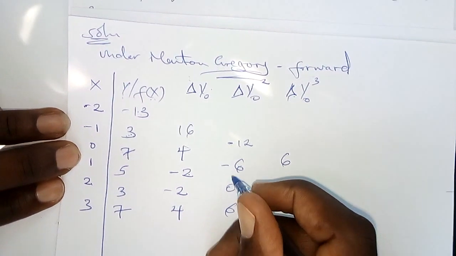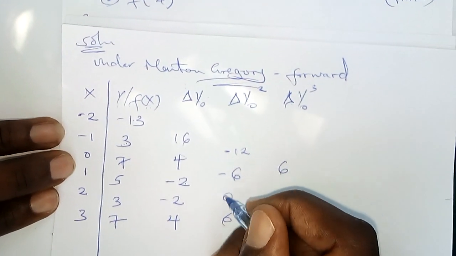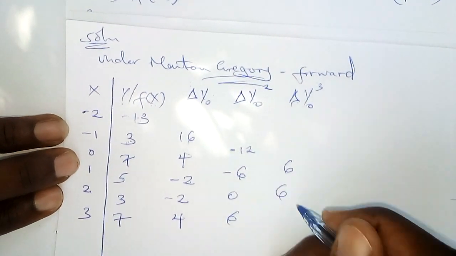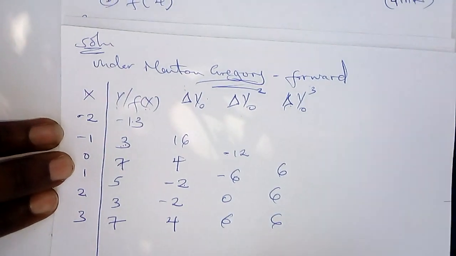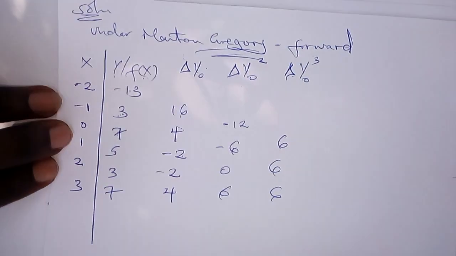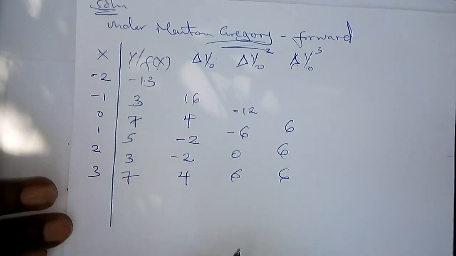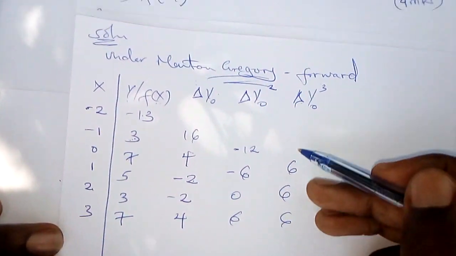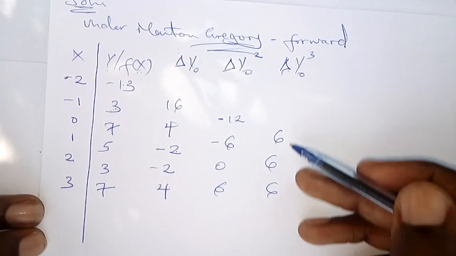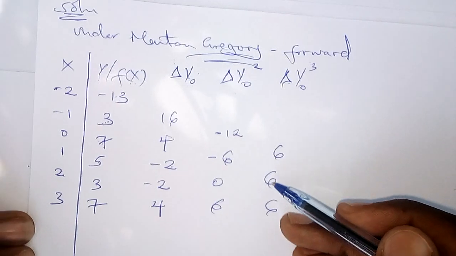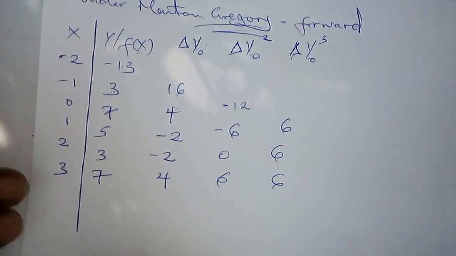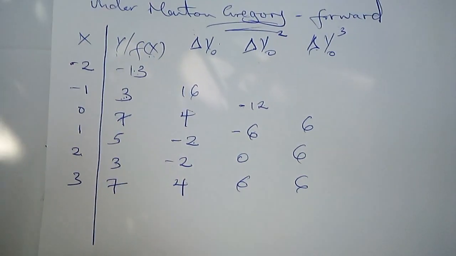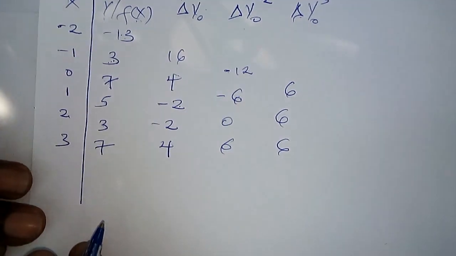Again, 0 minus -6 is the same as +6, so it is 6, and here it is 6. So that is all about this table. Now we have the same constant, 6, throughout the column for change in y naught raised to 3.